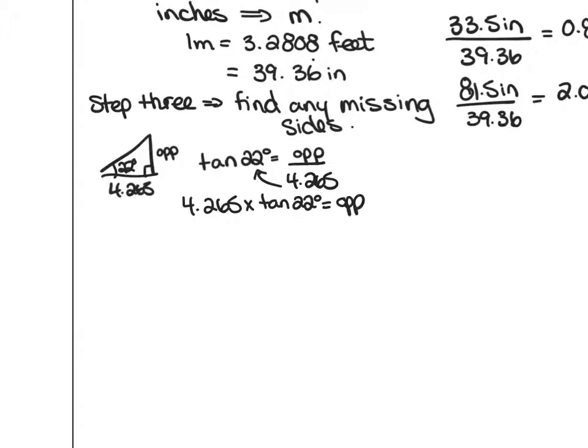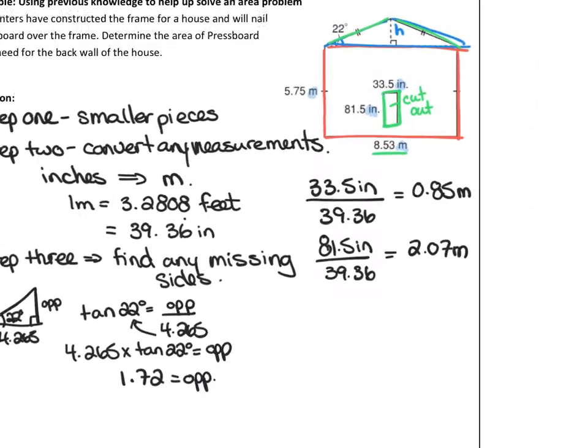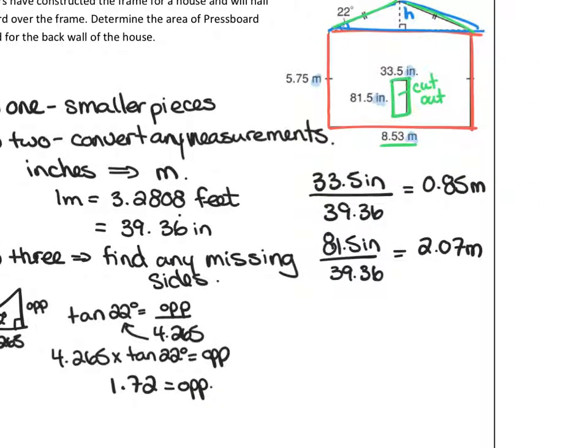So if I calculate 4.265 times tan of 22, I get 1.72 as our opposite. So now we know the height of our triangle. I can go back here and say that this is 1.72 meters high.